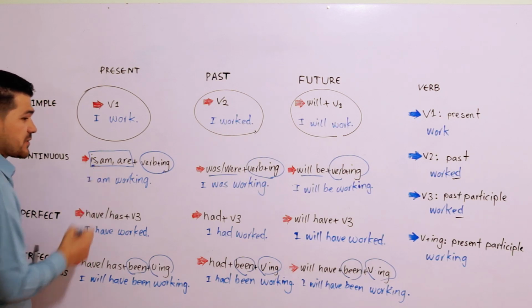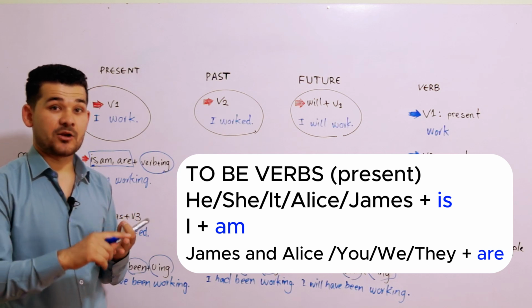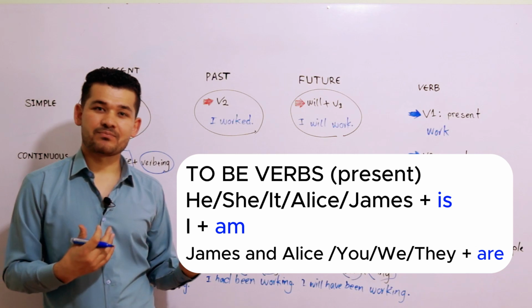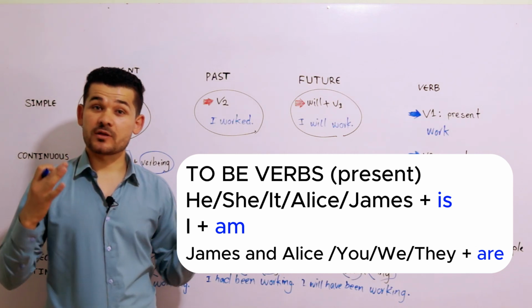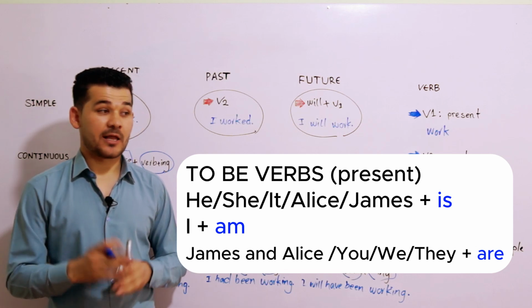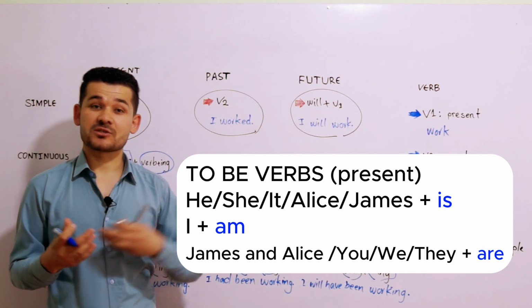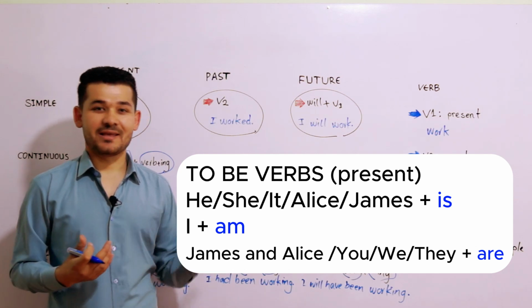So the to be verbs in the present are is, am, and are. We use am with I: I am. We use is with he, she, it, and with the third person singular, like the driver is, or Alice is, or if we use the pronoun for them, for example, she is.